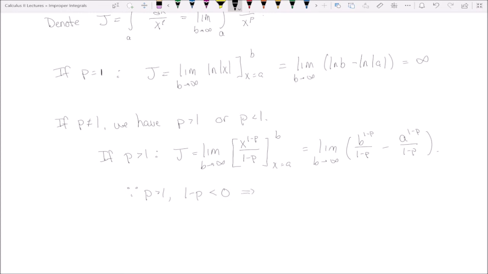This means that the limit as b approaches infinity of b to the 1 minus p over 1 minus p is the same as writing 1 over b to the p minus 1, where now p minus 1 is larger than 0.